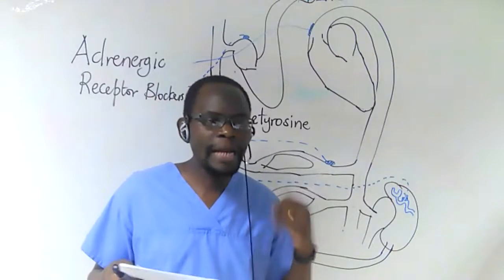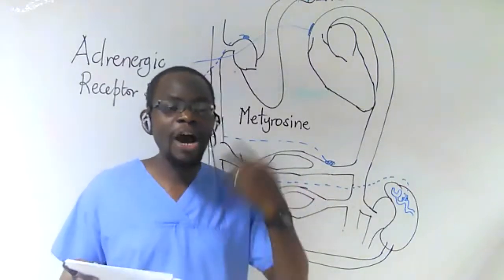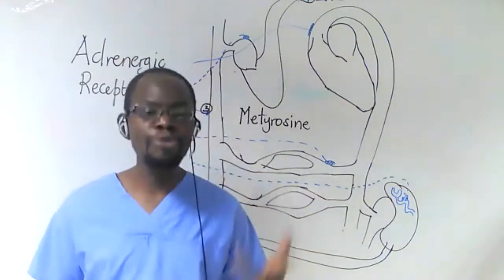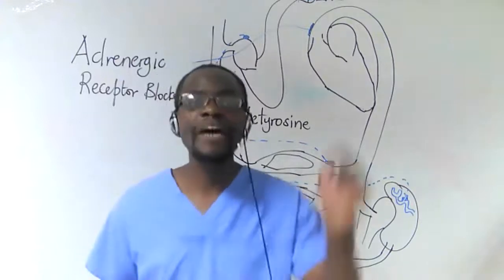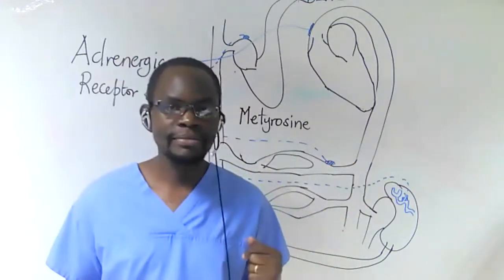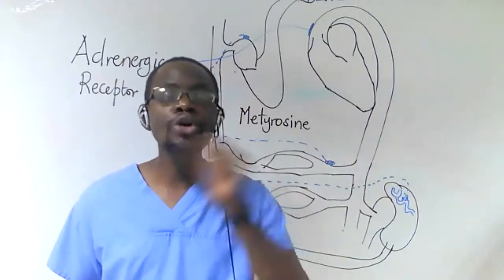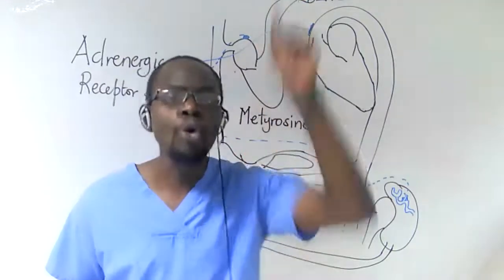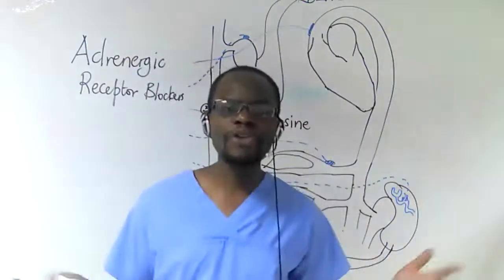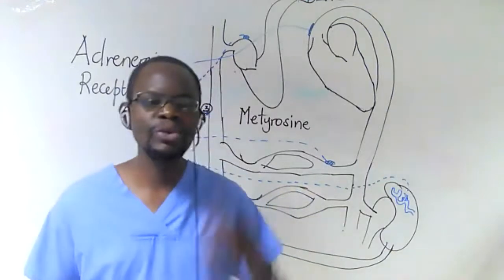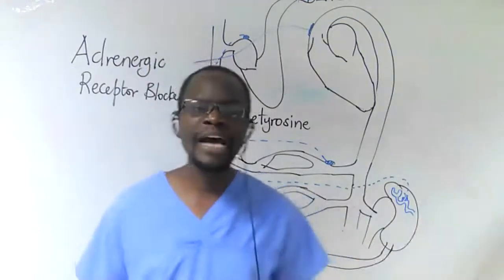I hope you remember where the alpha 2 are located, and where the beta 2 receptors are located. One of the most prevalent places is within the respiratory tract. That's where we find beta 2 receptors.